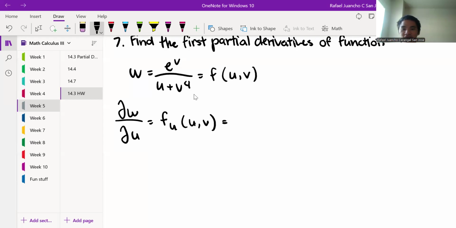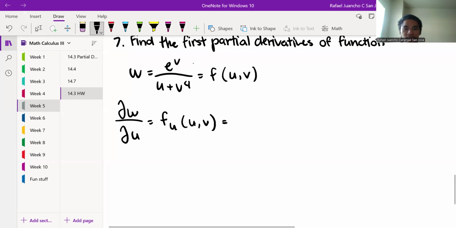So again, honestly, I could either do a quotient rule or I could just turn it easily into a product rule, which I think would be easier. Let me do that actually. Turning it into that would be easier.